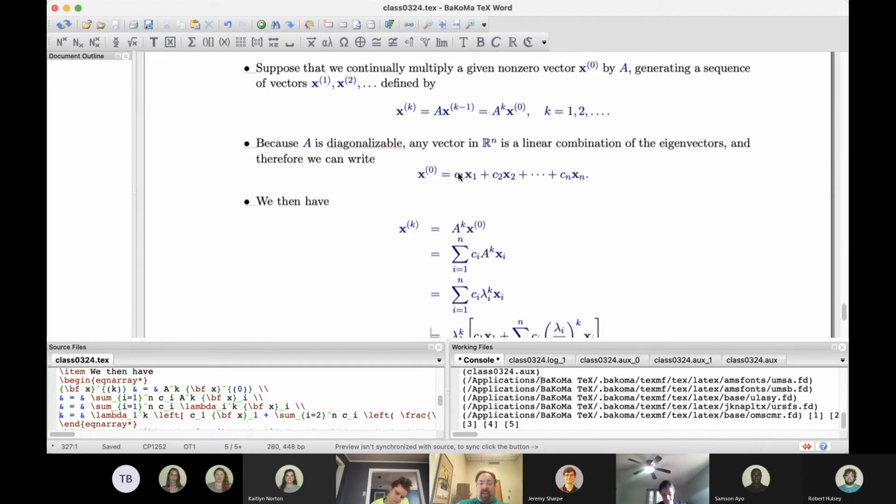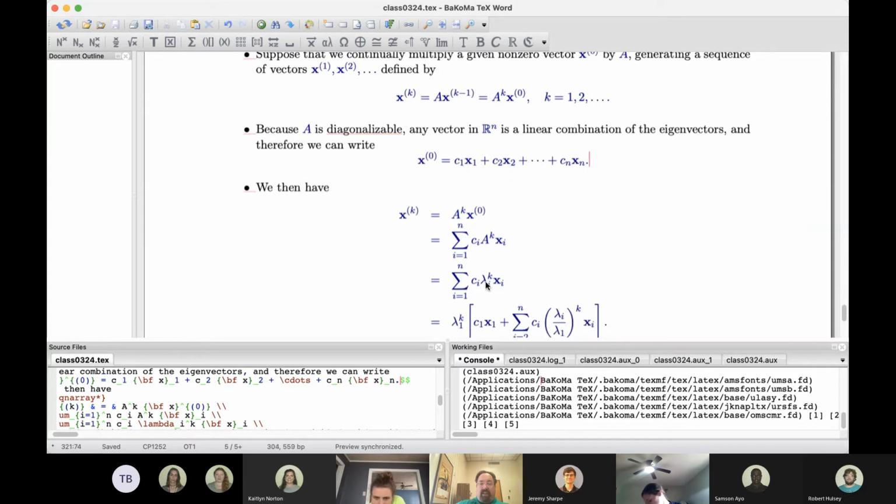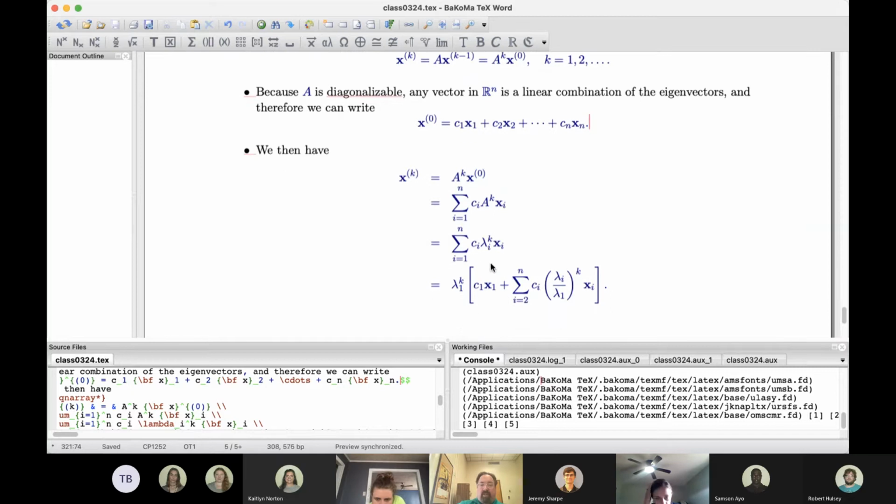If I apply A to the k to this, I'm applying it to each eigenvector. That gives each eigenvalue raised to the kth power times its corresponding eigenvector, because these are eigenvectors. Now I'm going to write the first term separately, then have a sum from 2 to n, and I'm also going to factor out lambda 1 to the kth power, so I have to divide by lambda 1 to the kth power.